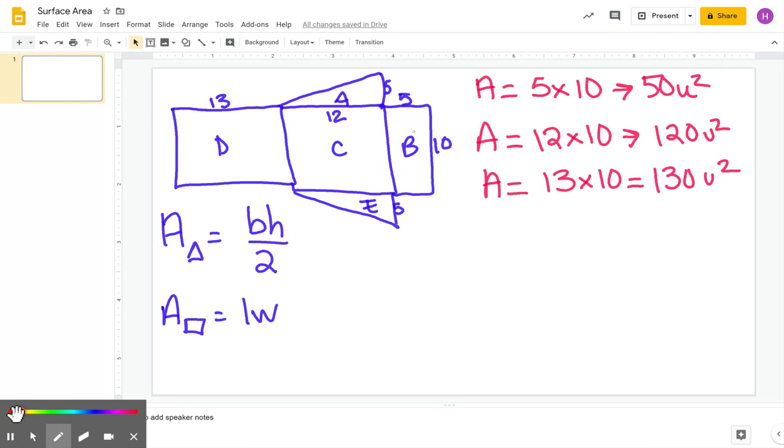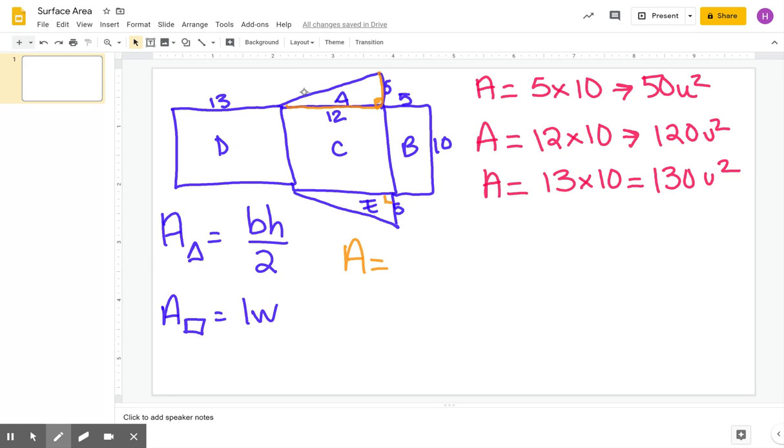Now let's talk about our triangles. So we're going to use the base times height divided by 2. So area equals, and our base, remember, this is the huge part because this could be a base, this could be a base, this could be a base, but it has to form a right angle. And the only place it does that is here and here. So we know this is my base. This is my height.